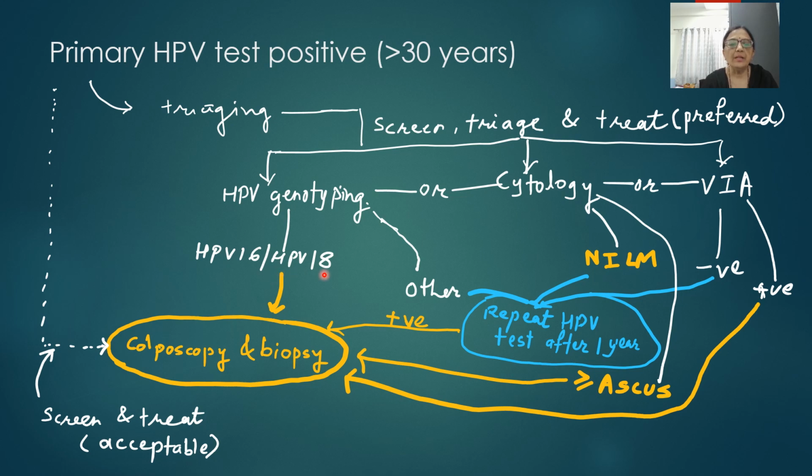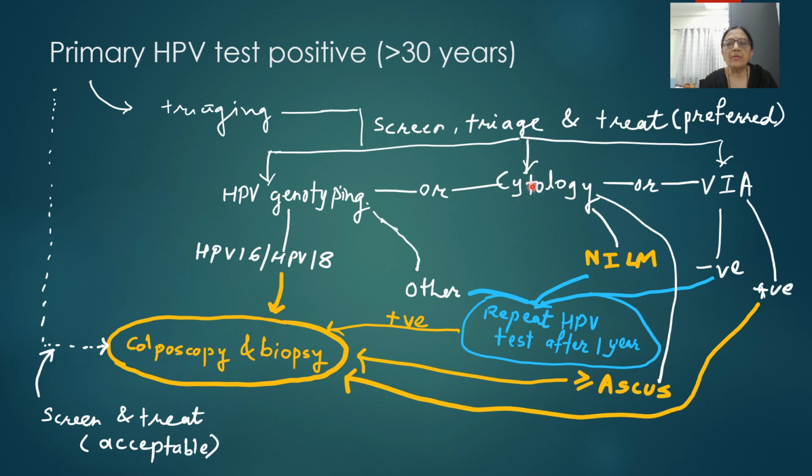If it is present, that means it is a high risk factor for development of CIN and invasive cancer. And so in that scenario, it is an indication to go for colposcopy and biopsy. Now understand that the whole aim of triaging is to reduce the burden and to reduce the unnecessary colposcopies and biopsies.